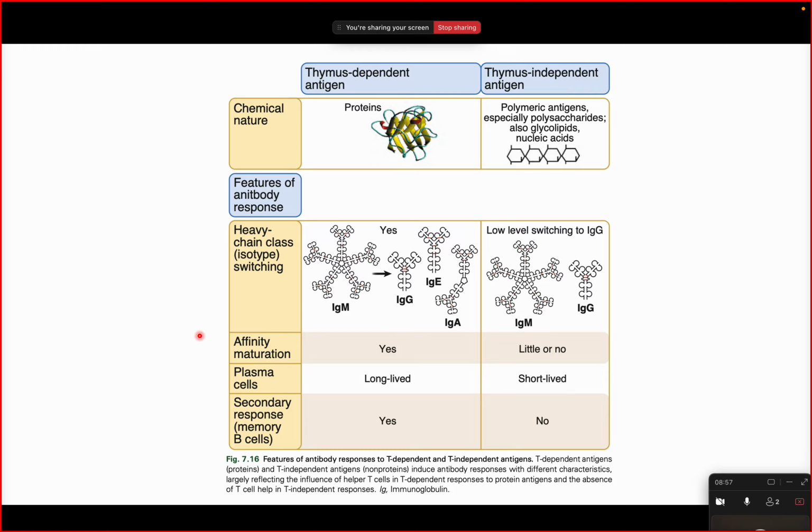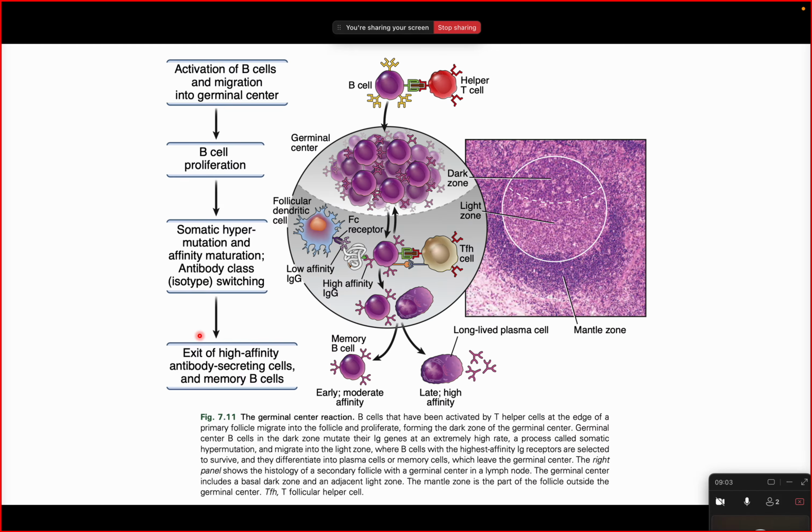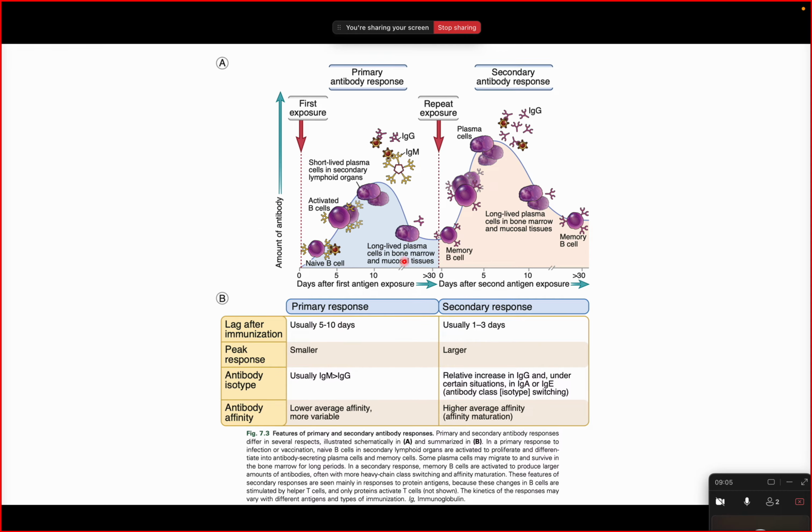If we talk about secondary responses or memory B cells, if you remember this particular graph, the plasma cells will be there, but there is no development of memory cells, and even if the memory cells are there, they are very low in number.